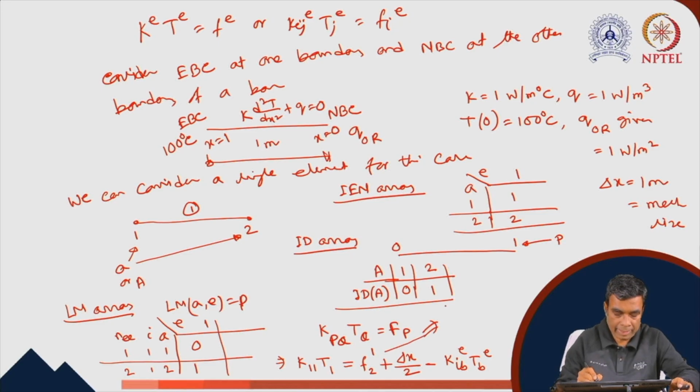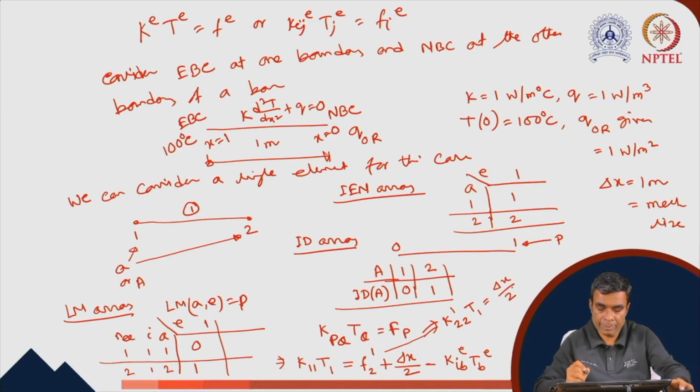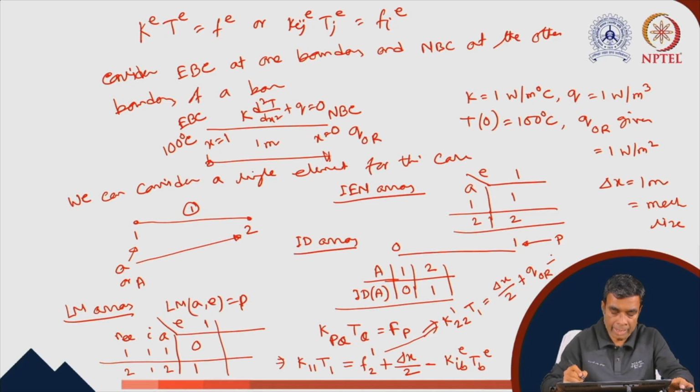So this can be written as, here K11 is K221, then we have T1, our source term is delta x by 2. Our natural boundary condition F21 will come directly. So this is given as Q0R minus K_IBE. So here we are writing the equation at local node 2.